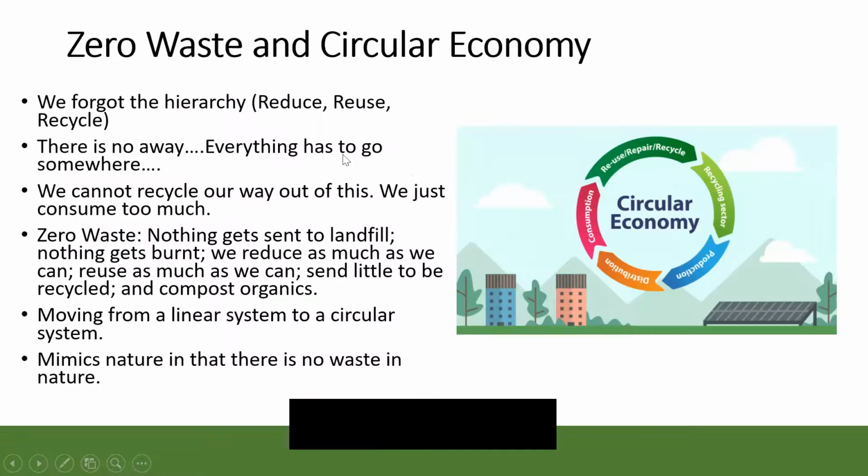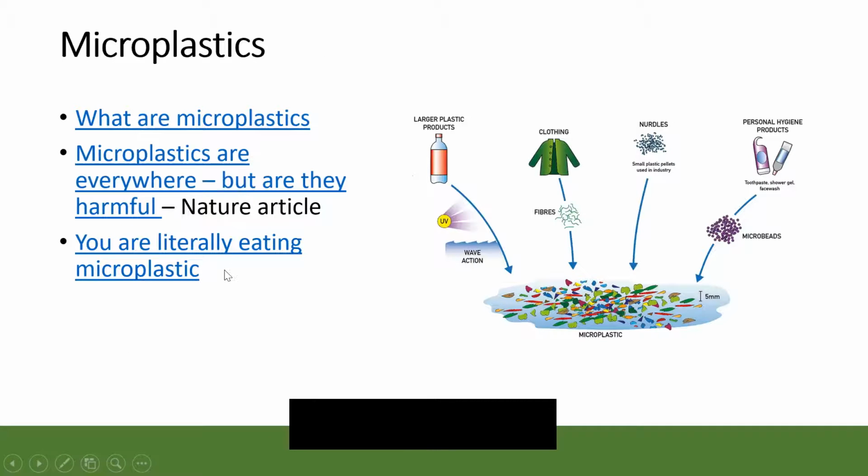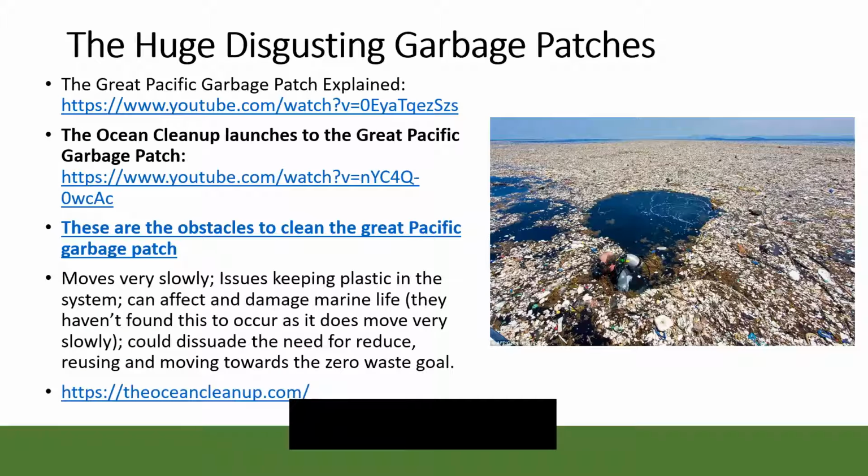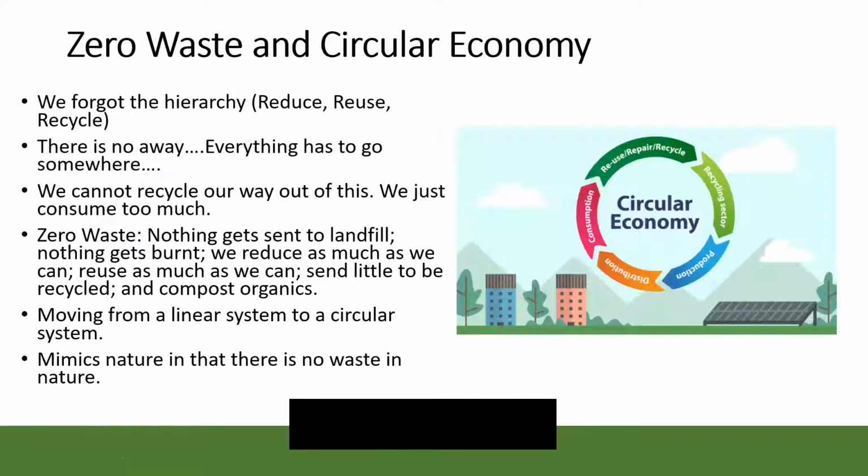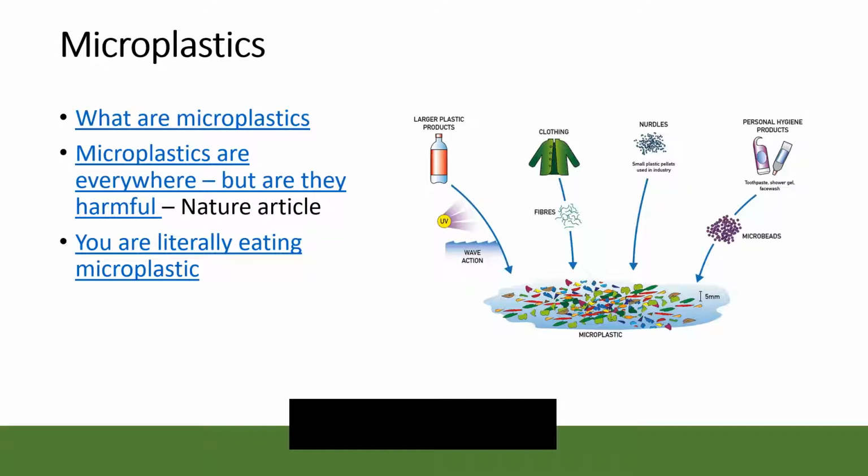I did want to highlight microplastics. Microplastics really highlight the importance of stopping problems from happening in the first place. Because as you can see, it's one thing to clean up this type of stuff. Can you imagine trying to clean up microplastics from the ocean or any water body ecosystem?